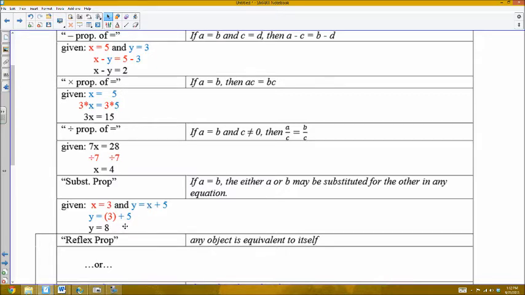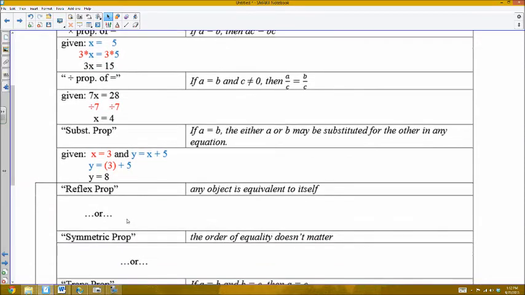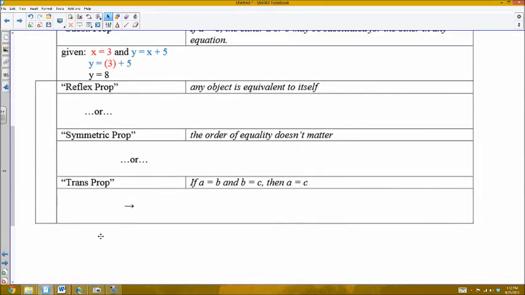It's the substitution property. The remaining three you may not be as familiar with as the others, or they may not be as intuitive. The reflexive property says that any object is equivalent to itself. So that would be as basic as the number 3 being the same as the number 3, or in terms of congruence, the segment AB being the same as itself, segment AB.